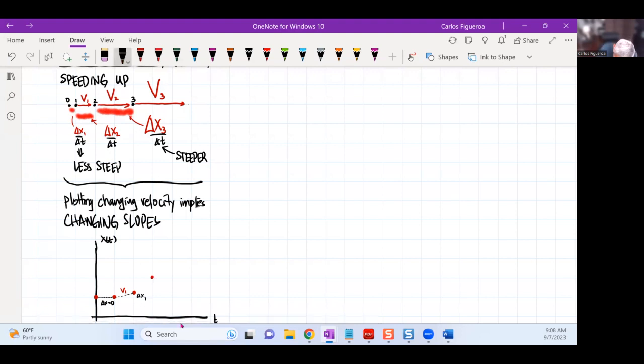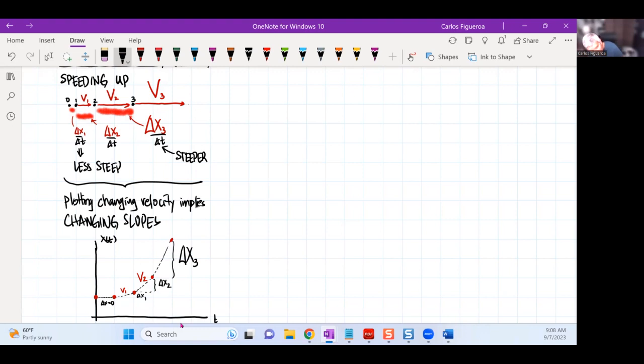So if I look at this, you can see that from here to here, that's delta x2. That slope is bigger, so that's associated with a steeper slope. And then if I continue on and get to a steeper slope right here, you can see that is even steeper.